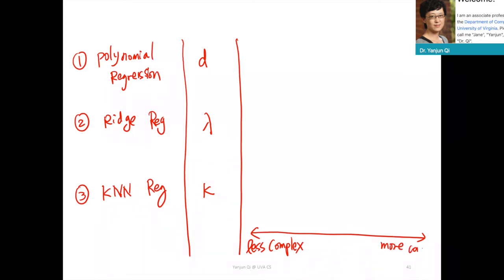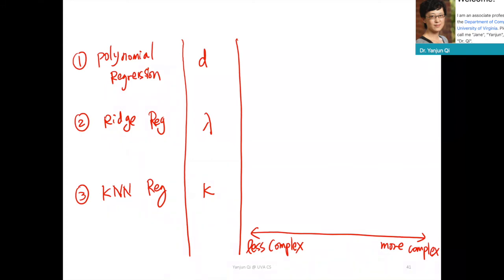So for d, is it small on the left or large on the left for polynomial regression? Feel free to type in the chat. When d increases, does my polynomial regression get more complex or less complex?